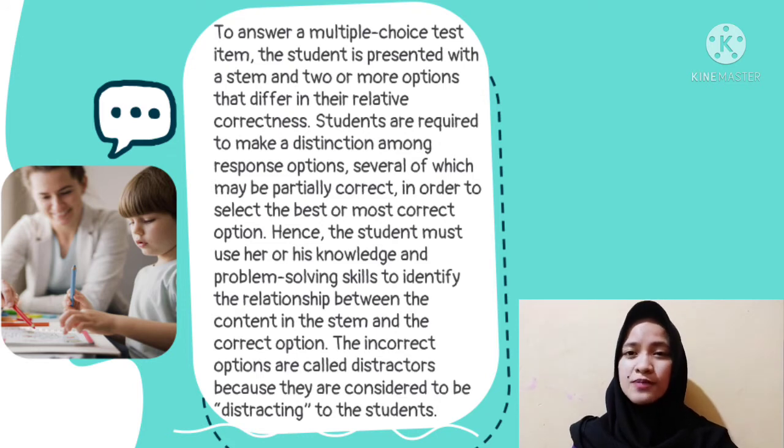Therefore, the students must use their own knowledge and problem-solving skills to identify the relationship between the content in the stem and the correct option. The incorrect options are called distractors because they are considered to be distracting to the student.